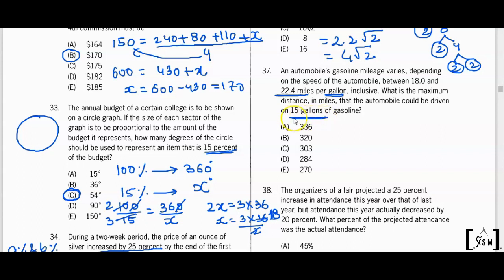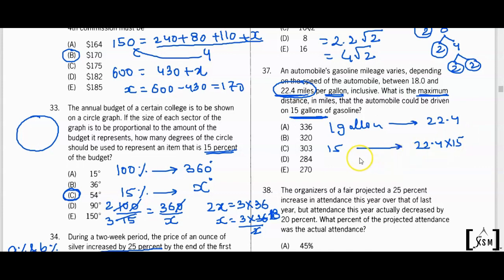To travel the maximum distance, we'll have to use the number 22.4 with 15 gallons. So 22.4 miles per gallon means for 1 gallon the distance traveled is 22.4. So for 15 gallons the distance traveled is 22.4 times 15.